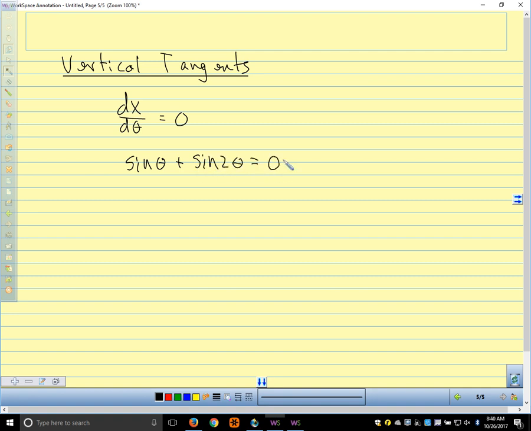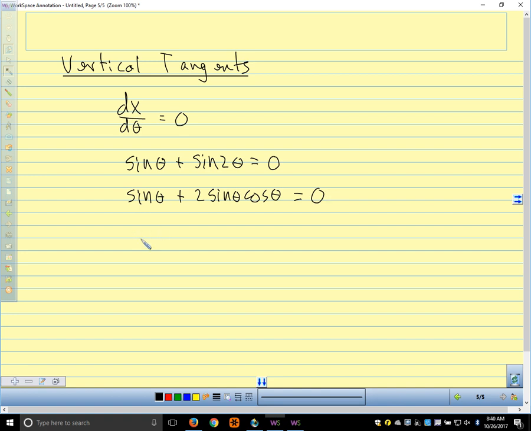So this one we wrote as sine theta plus sine 2 theta, and that's going to be equal to 0. I'm going to change it back to the original form to solve this: sine theta plus 2 sine theta cosine theta equals 0. And then what's our next step to solve this?